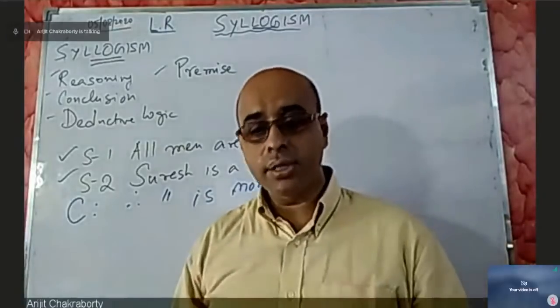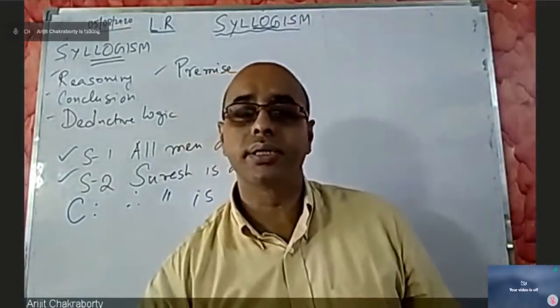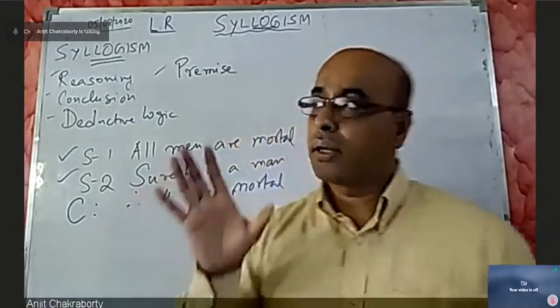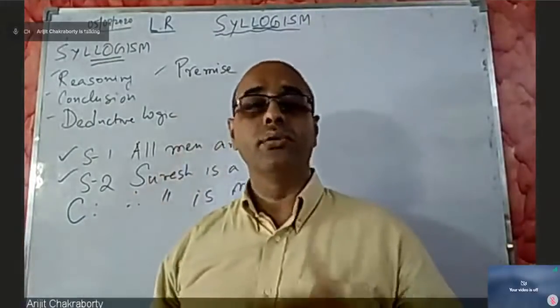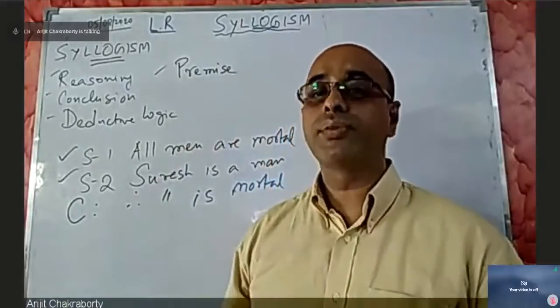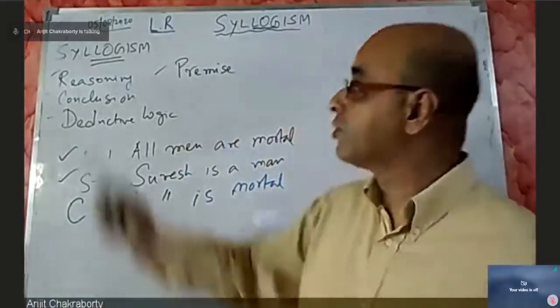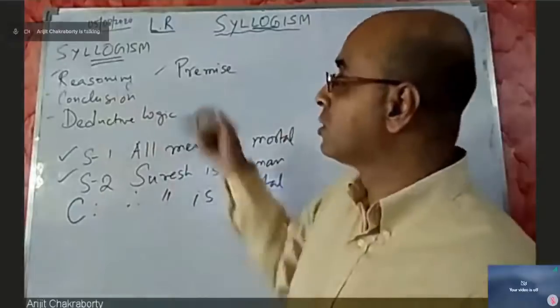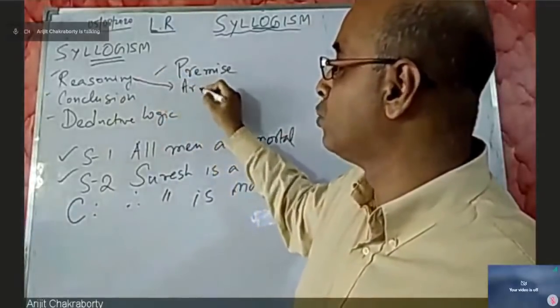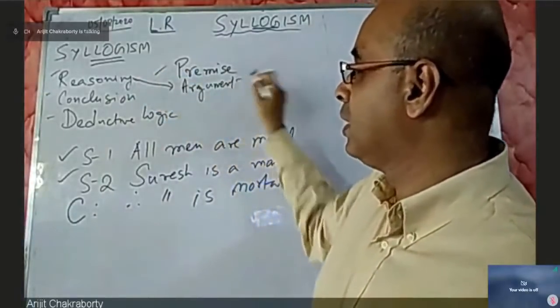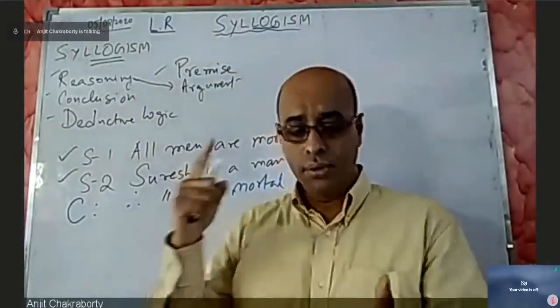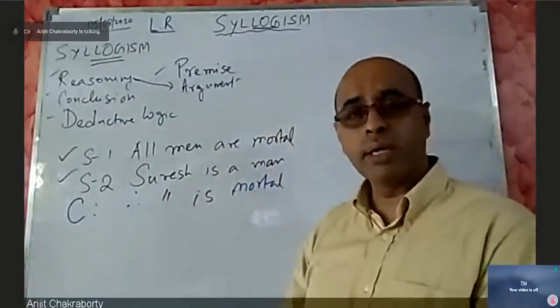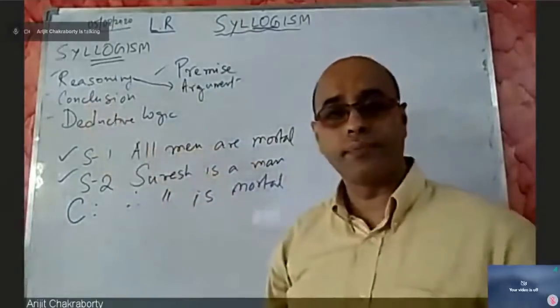Okay? So syllogism definitely, as you can see, is a particular method which deals with reasoning, with logic, with arguments. So reasoning, and I will also write the word argument here. Argument. And so reasoning, argument in order to reach a conclusion.